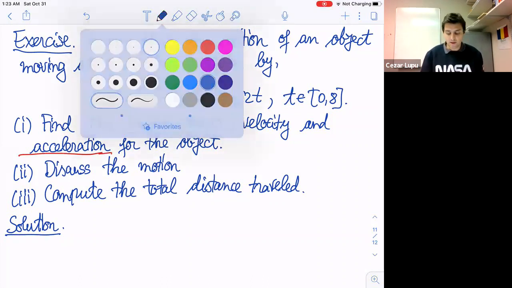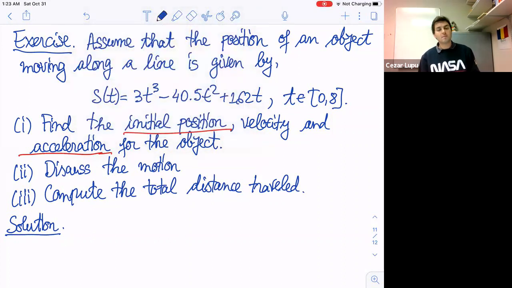Since I'm asked about velocity and acceleration, I'm basically asked to compute the derivative of the motion of the object at the origin, because it's the initial moment, when it starts. And the acceleration is the derivative of the velocity, if you want. So keep in mind that we're asked about velocity and acceleration. All right, let's go for it.